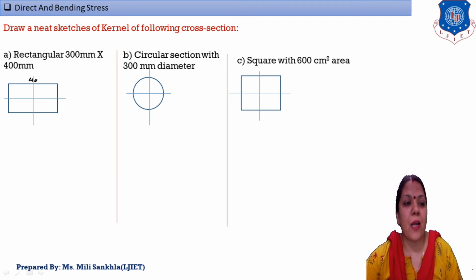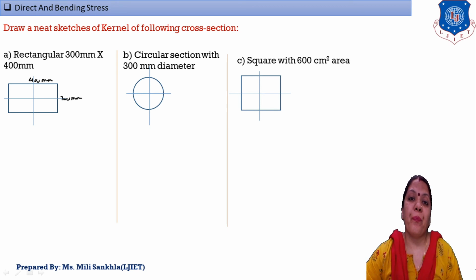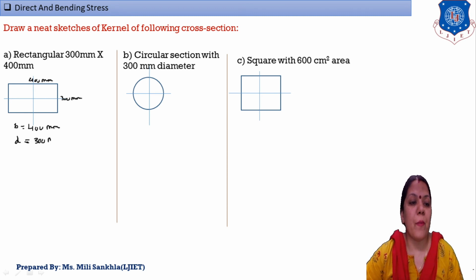If this dimension is given, first we take 400 mm as the width and second 300 mm as the depth. So dimension B is 400 mm and dimension D is 300 mm.